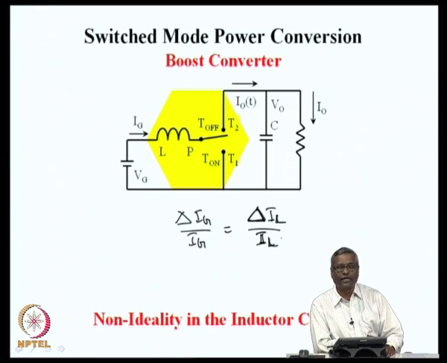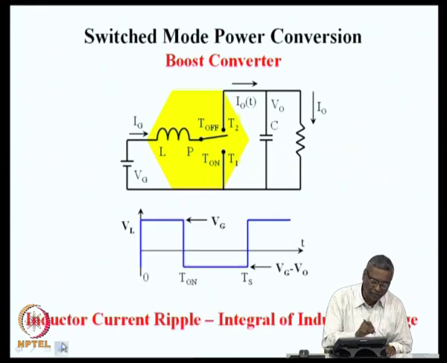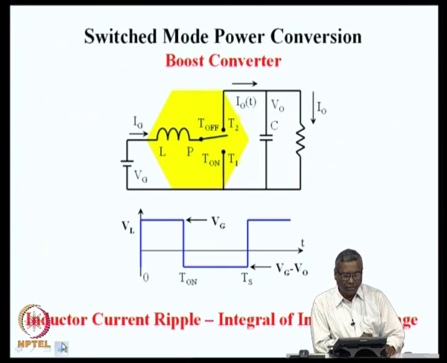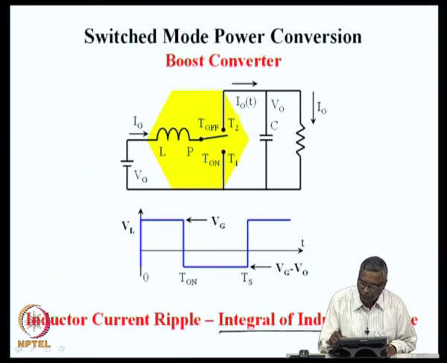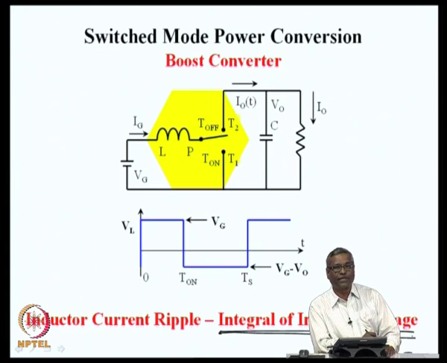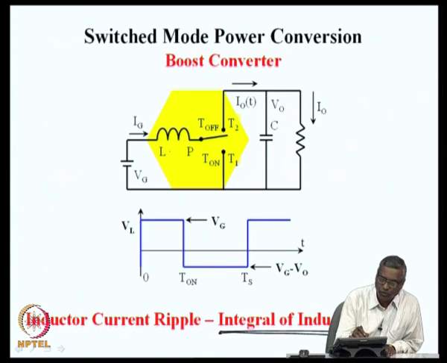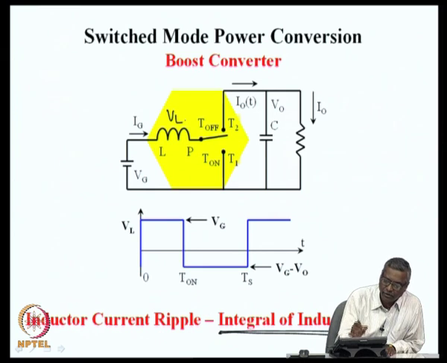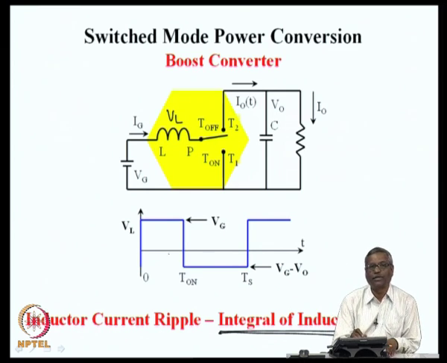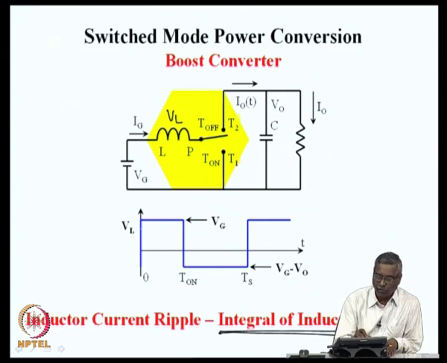This can be evaluated simply by integrating the inductor voltage, because L di by dt is V is the relationship for any inductor, and if we know the voltage across the inductor VL, the integral of that will provide us the current through it. What I have drawn here is the voltage across the inductor.